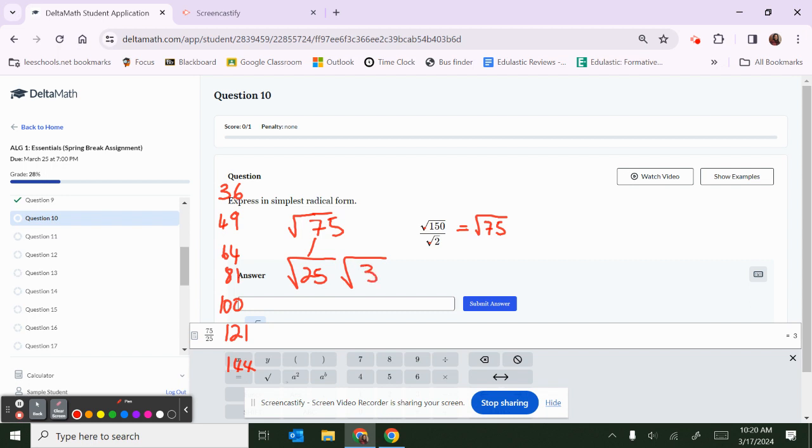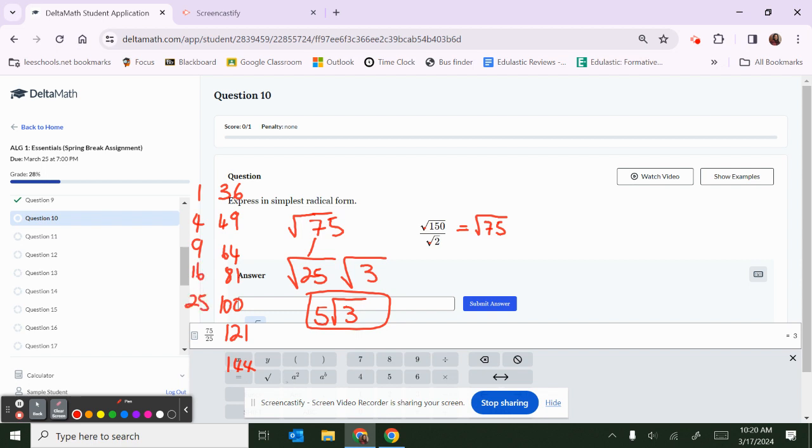And what is the square root of 25? The square root of 25 is 5. Then you leave your radical 3 the same, and this would be the answer: 5 radical 3. So again, guys, that's when you're simplifying using the first 12 perfect squares.